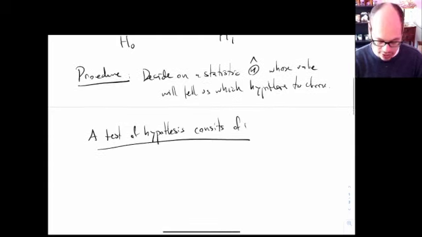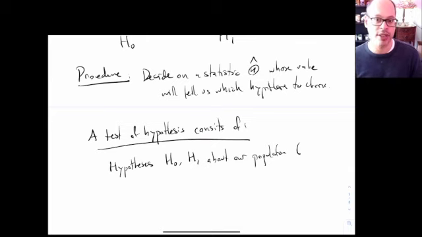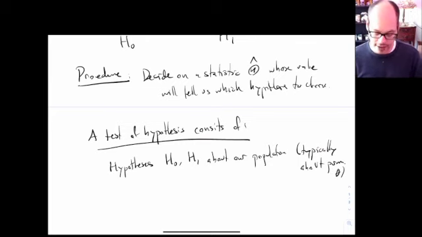On the one hand, we have to have hypotheses, H0 and H1, about our population, which really is to say about the probability distribution that describes the population. So typically about some parameter theta.